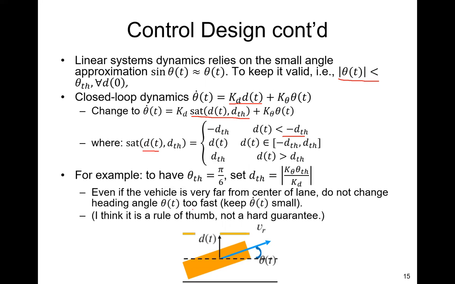So we try to change the heading angle in a smooth manner. This helps to ensure that the small angle assumption, theta t magnitude does not exceed theta threshold, is satisfied. But it's not a hard guarantee. It's a kind of heuristic to help ensure the small angle assumption.